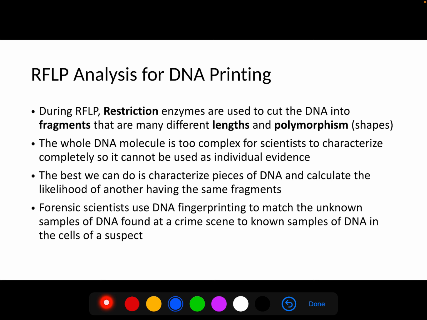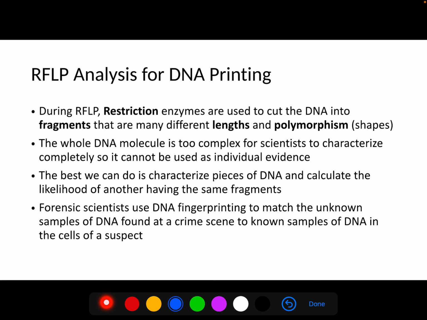And this is because, like we said, one strand of DNA has millions of base pairs. That is too many base pairs for scientists to look at. It's too complex. There's too many factors that could be different from one person to another.